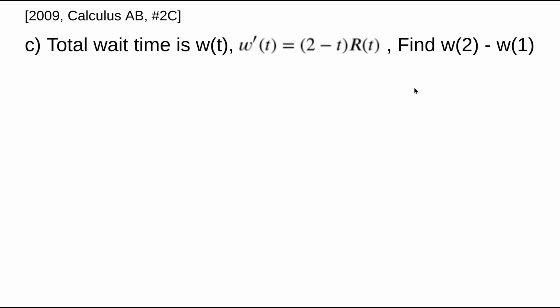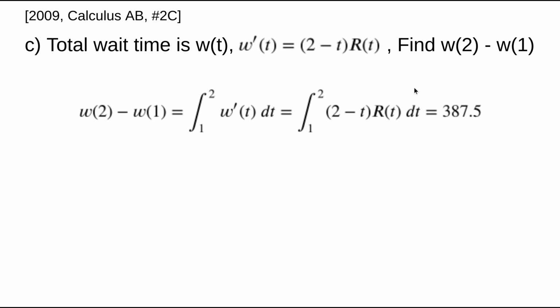All right, so W of 2 minus W of 1 looks suspiciously like the fundamental theorem of calculus. And since we know W prime of t, if we think of this like a fundamental theorem of calculus problem, W of 2 minus W of 1 would just equal the integral from 1 to 2 of W prime of t, which would equal the integral from 1 to 2 of 2 minus t times R of t.